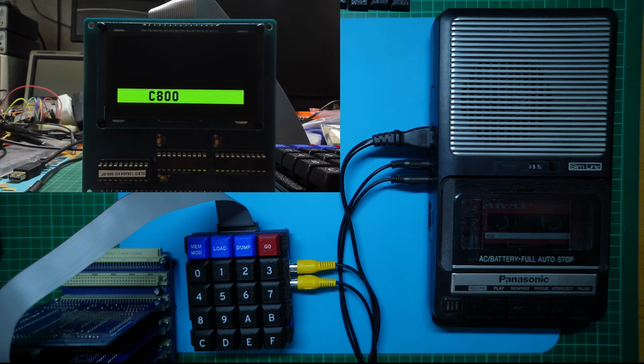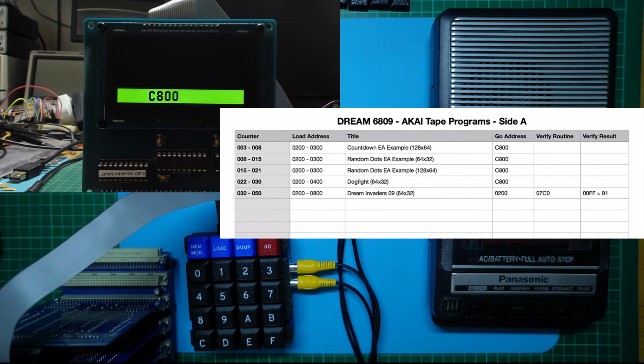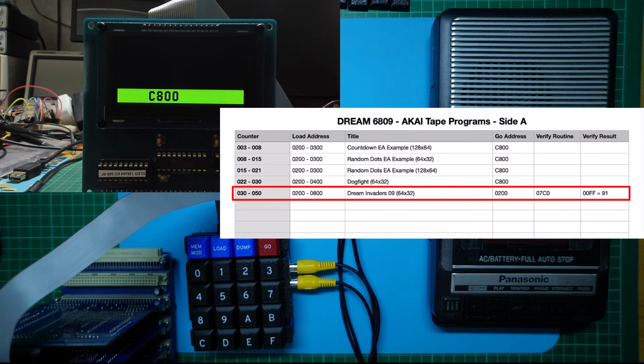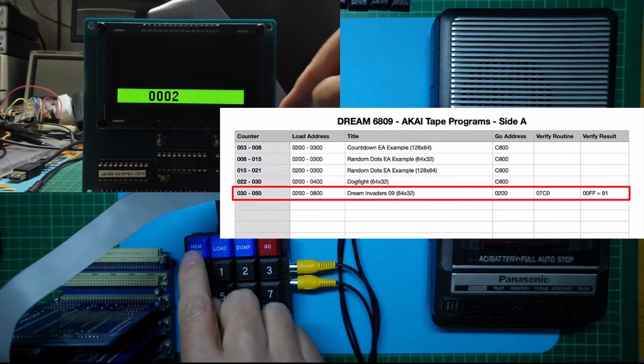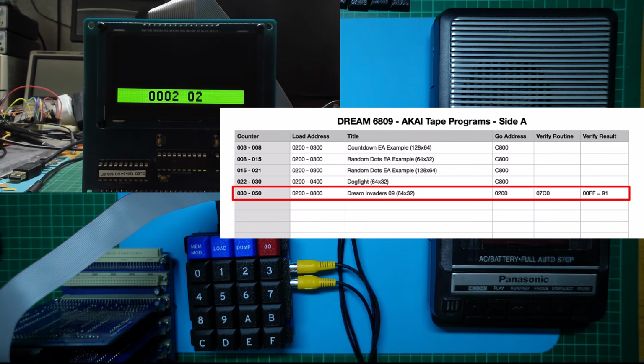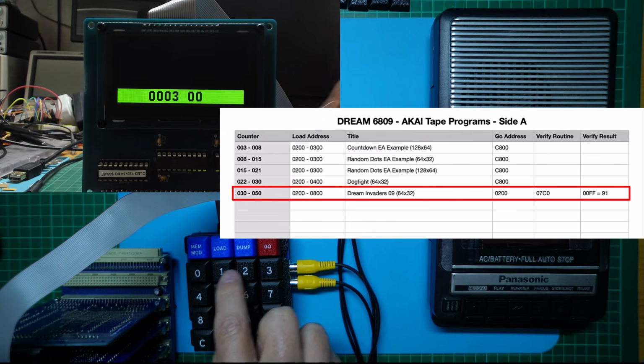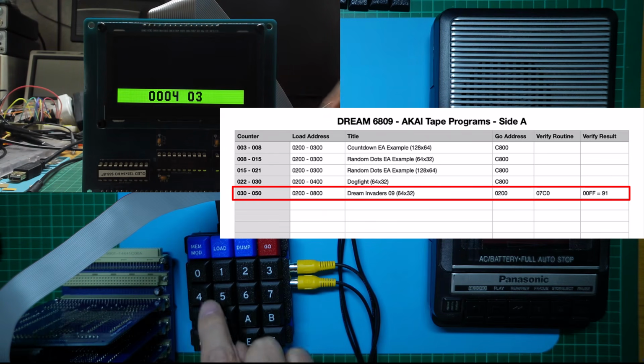So, based on my earlier spreadsheet of programs, I had Dream Invaders 09 at counter position 030, and the load address I'll set up is 0200 to 0800. So I've positioned the tape at counter 030, which is what my spreadsheet of saved programs shows me.